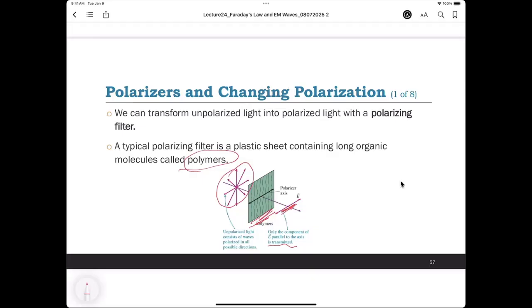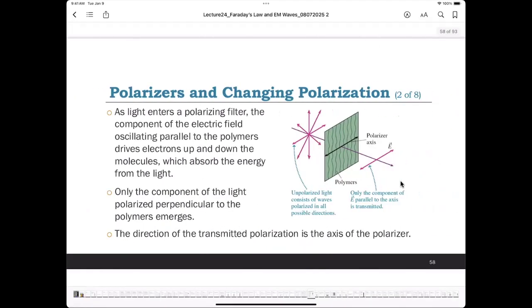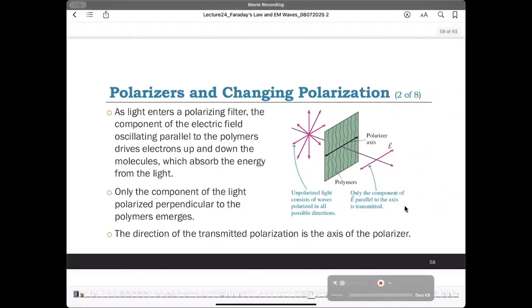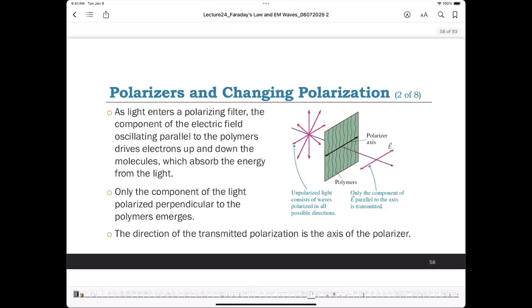As light enters a polarizing filter, the component of the electric field oscillating parallel to the polymers drives electrons up and down the molecules, which absorb the energy from the light.